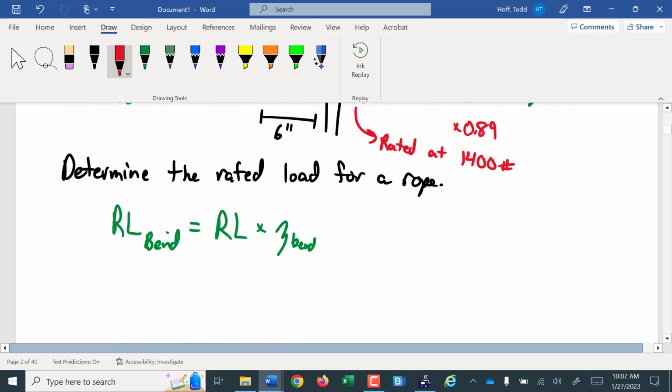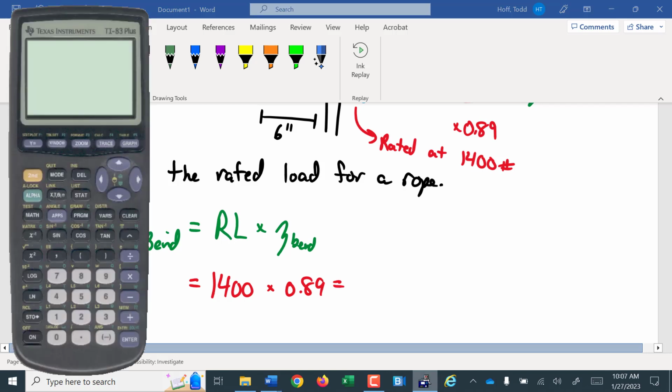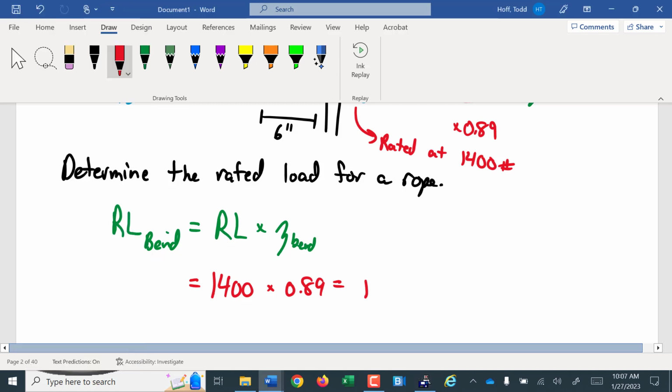So its rating after bending will be that 1,400 pounds times the 0.89. So 1,246 pounds. So you can see that's a significant reduction in the rated load for that rope.